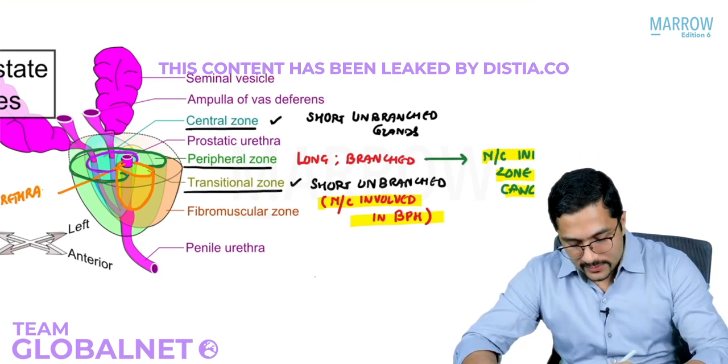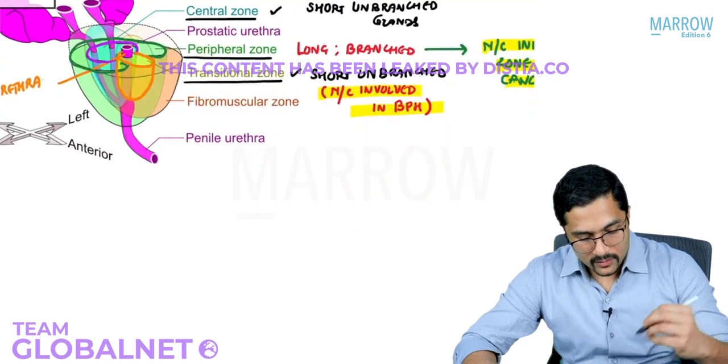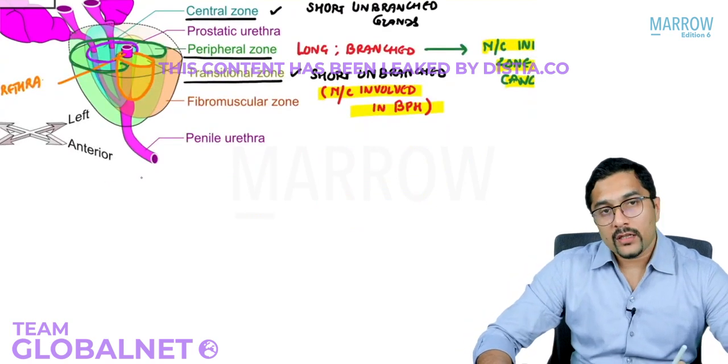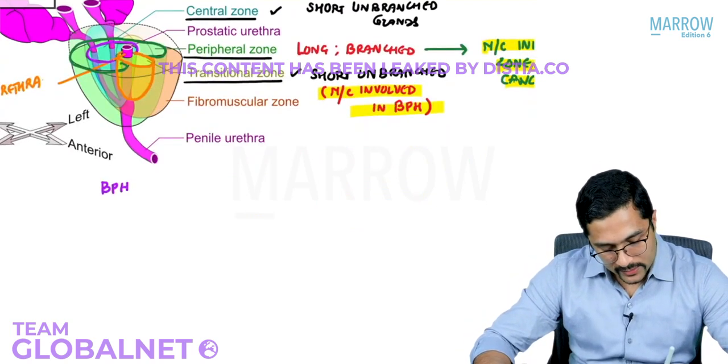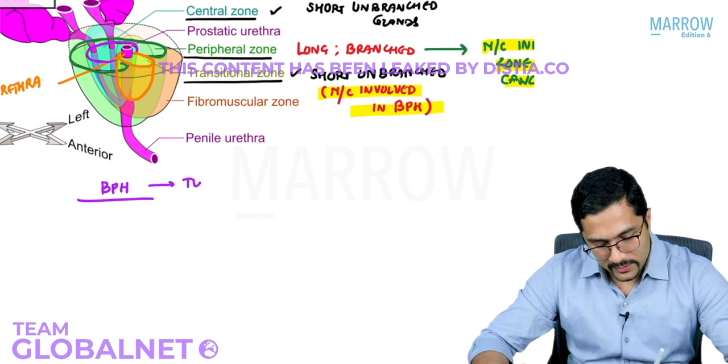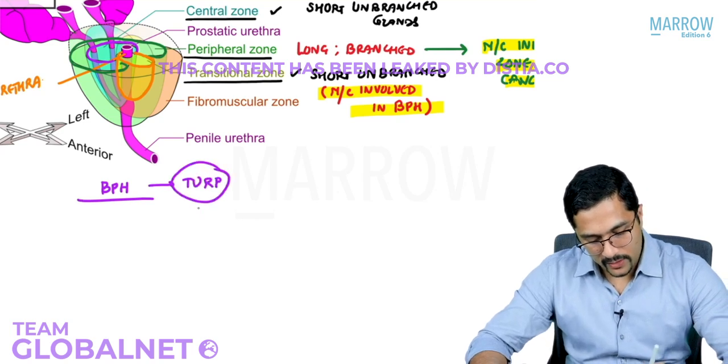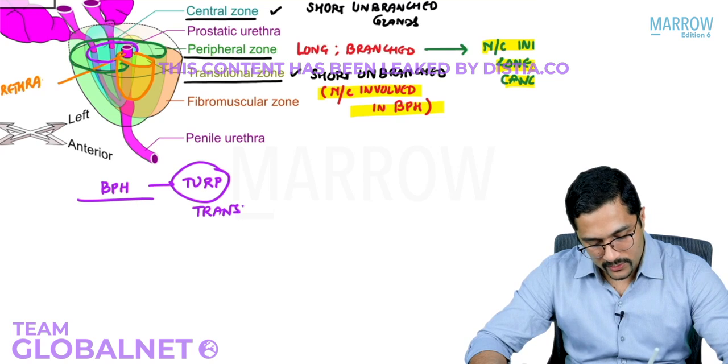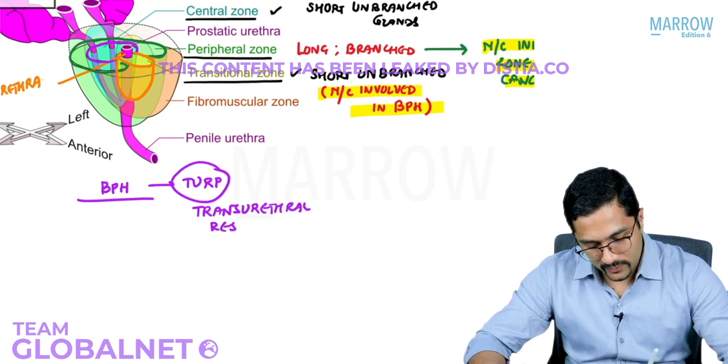There is a condition known as BPH, and the surgery for BPH is known as TURP, transurethral resection of prostate. We'll talk about this later.